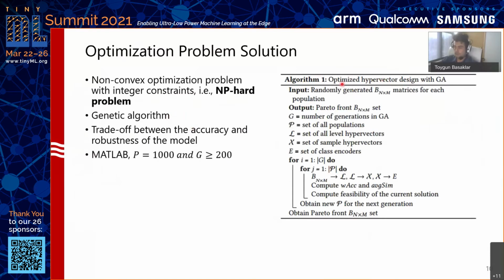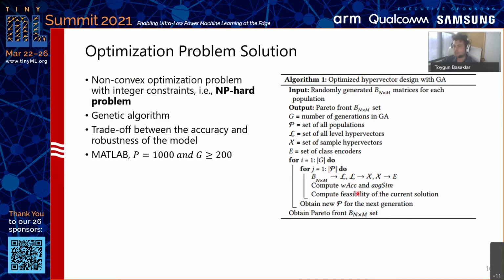Here, Algorithm 1 describes the processing flow of the work. The input to the algorithm is randomly generated B matrices for each population. For each population, using these new B values, we generate level hypervectors, and using the level hypervectors, we update the sample hypervectors and the class encoders, and we compute the accuracy and the similarity values.